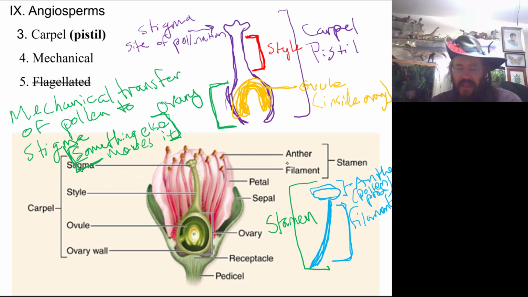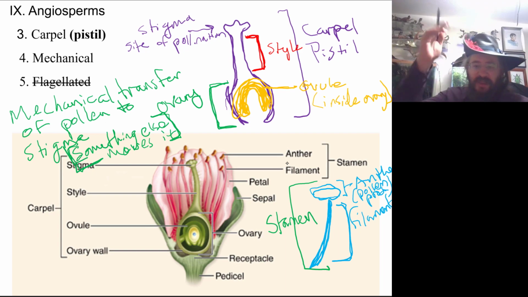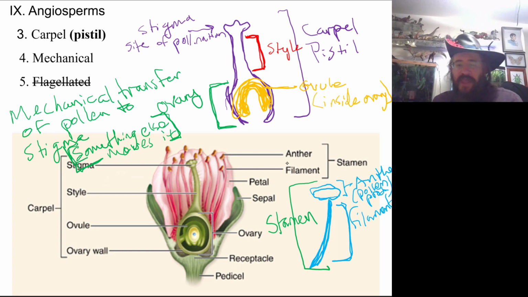So there are mechanisms to prevent self-fertilization in a lot of flowers, and a lot of it has to do with timing. Gymnosperms too, by the way. It's not just that ovulate cones are higher in the tree. Sometimes those staminate cones are ready to rock and roll before the ovulate cones are, and vice versa.